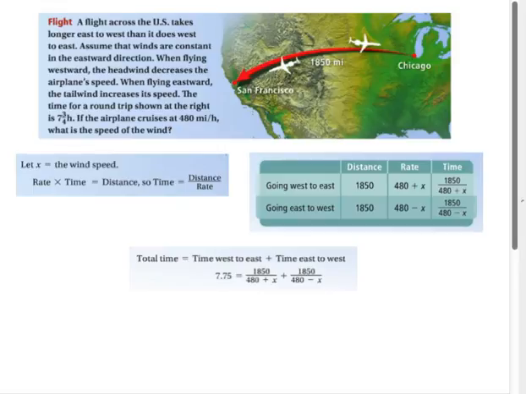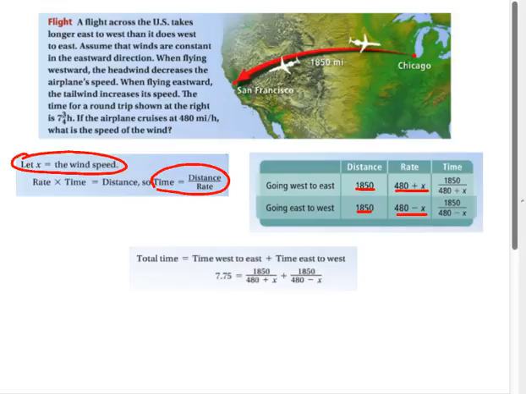All right, so they're letting x represent the speed of the wind. And time is going to be distance divided by the rate. So notice the distance is constant, right? The rate going west to east, the wind is accelerating you. East to west, the wind is decelerating you.